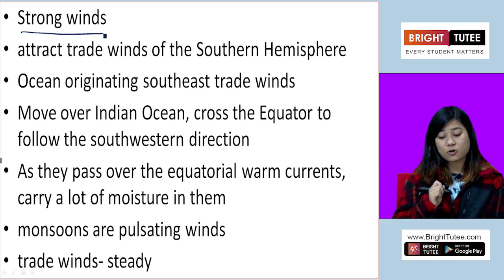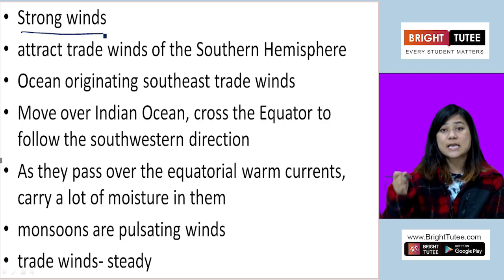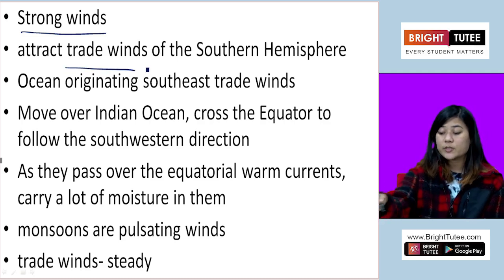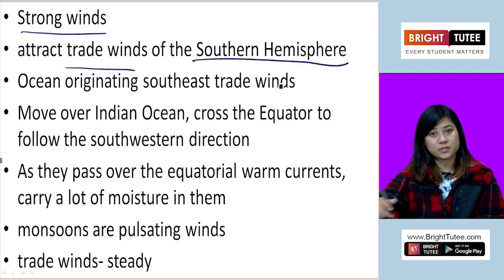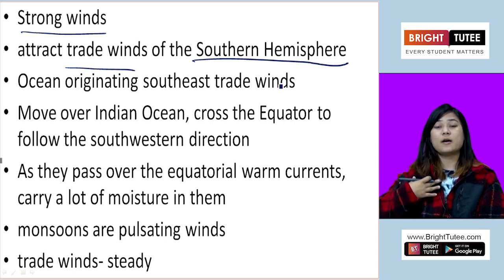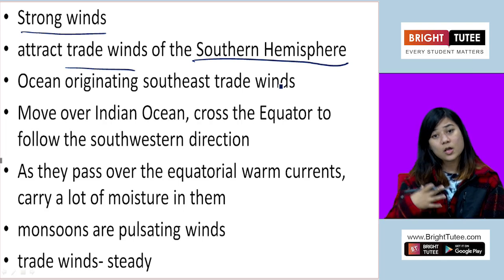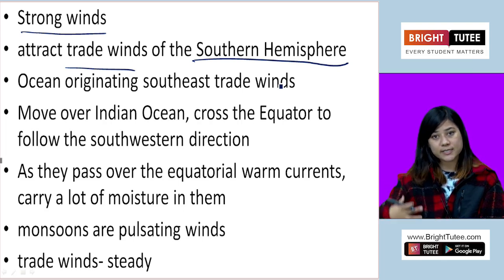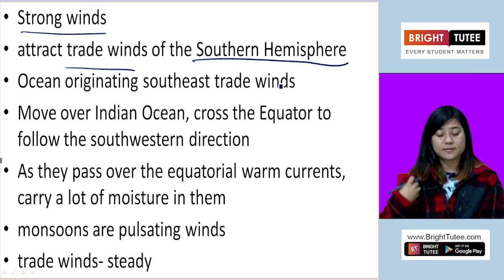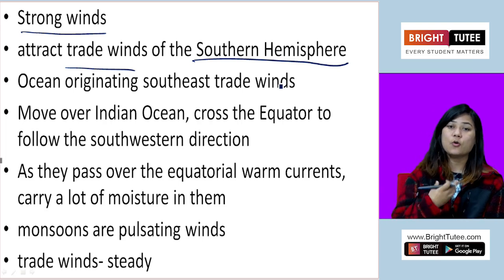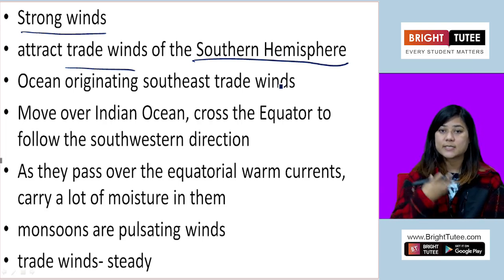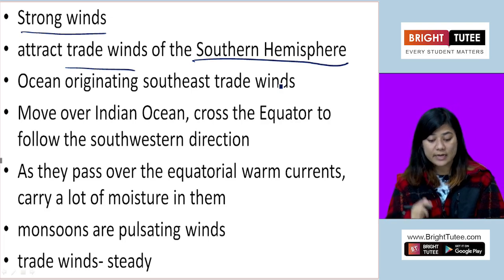And what is that strong wind? That strong wind is another trade wind which comes from the southern hemisphere, the southern part of the equator. The wind which originates there, that trade wind, is attracted towards the low pressure area created in the northwestern part of India.